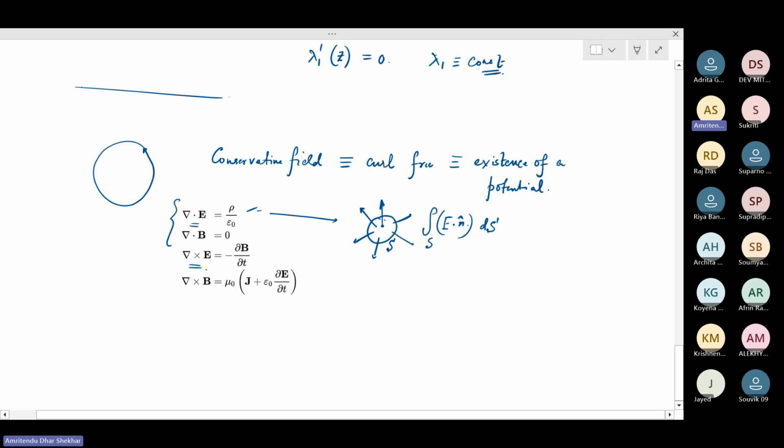To give you an example, let's say you have a closed sphere, and you place a charge Q somewhere.